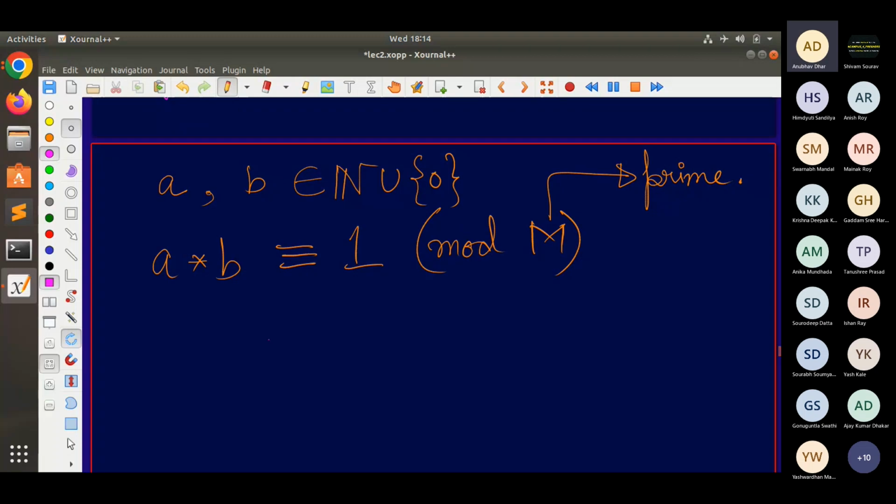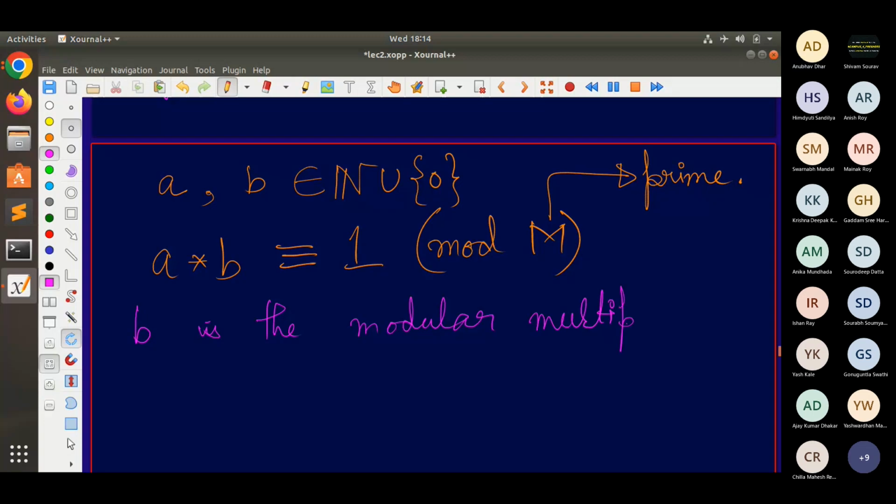Now if this is the case, we say that b is the modular inverse, or modular multiplicative inverse is a more precise way of putting it, of a modulo m.